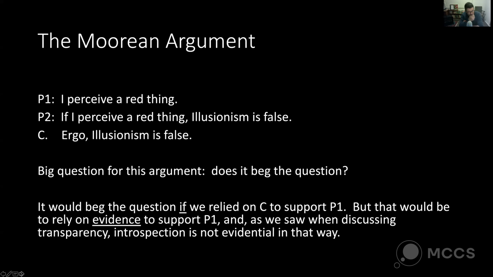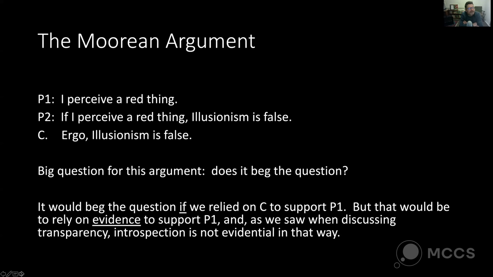Can we use this reasoning to establish that illusionism is false? Well, the idea of question-beggingness is the idea that somehow or other in the first premise I've assumed the conclusion, or at least in my reasoning in support of the first premise, I've assumed the conclusion. That would be a way of characterizing what question-beggingness consists in.